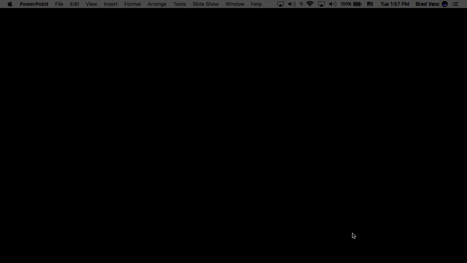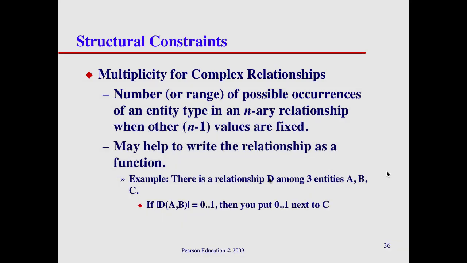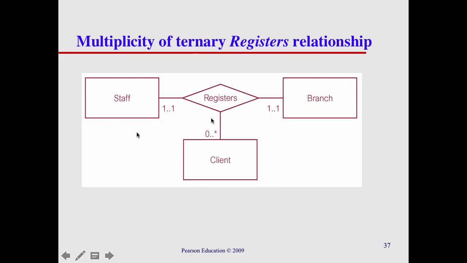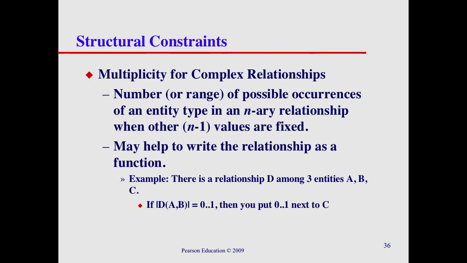So if you have a 3-way or more relationship, something like this, what you do in order to get those numbers is you hold the other two entities constant. I like to think of it like a function.